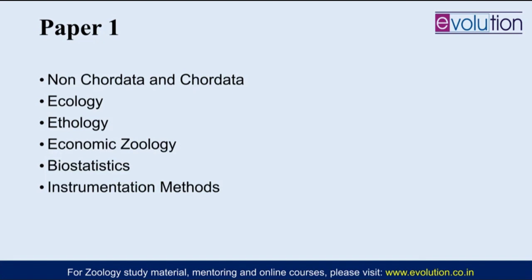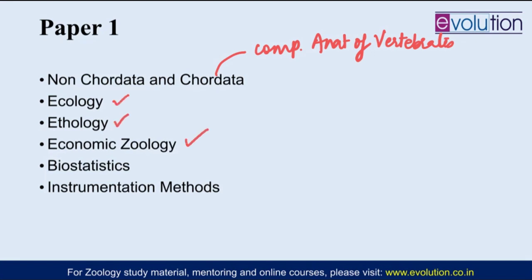There is non-chordata and chordata. Chordata also includes comparative anatomy of vertebrates, which is a major part of the main topic. Then there is ecology, ethology, also known as animal behavior, economic zoology, biostatistics and instrumentation methods.